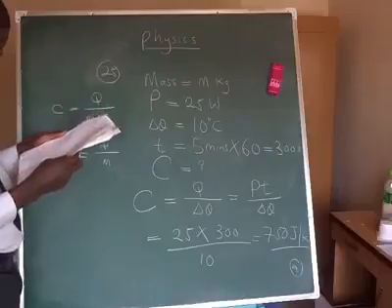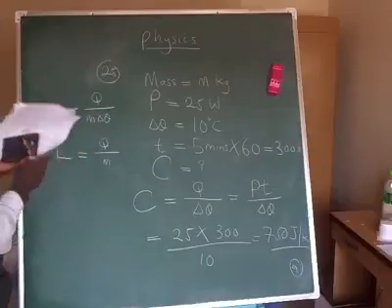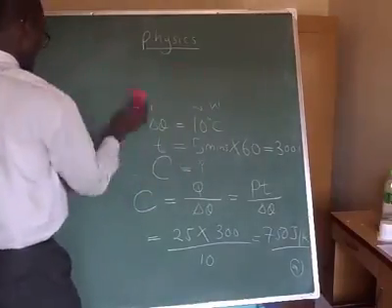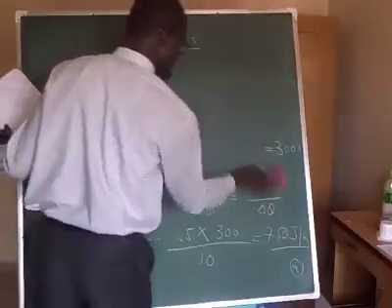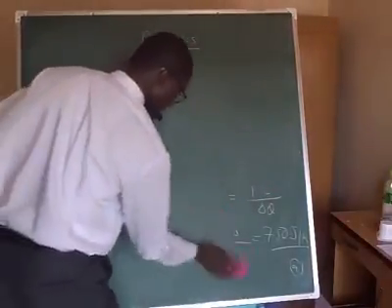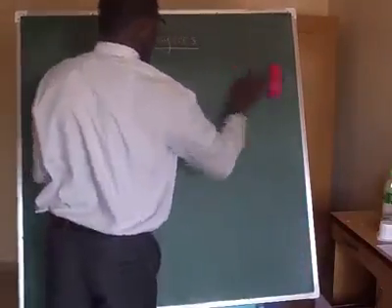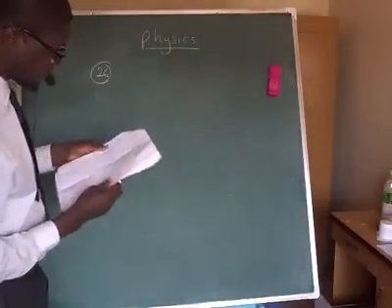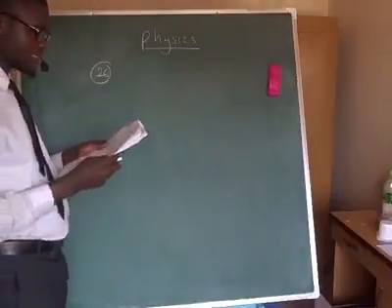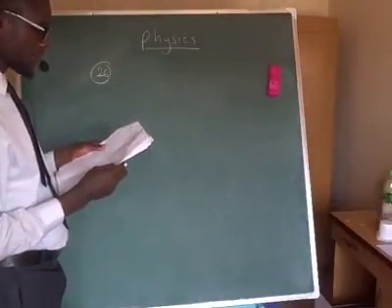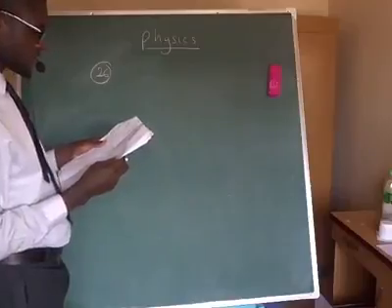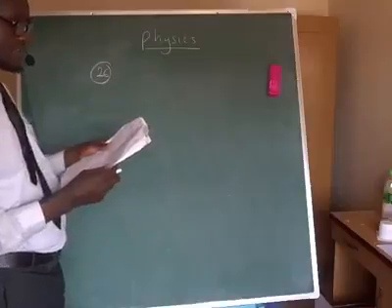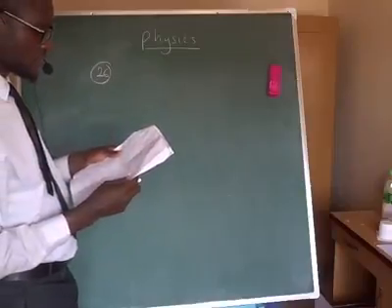So the next question is question 26, which is also a calculation. Question 26 says, calculate the temperature of 6 moles of an ideal gas at a pressure of 7.6 exponential 6 Newton per meter squared with a volume of 10 power minus 3 meter cube.